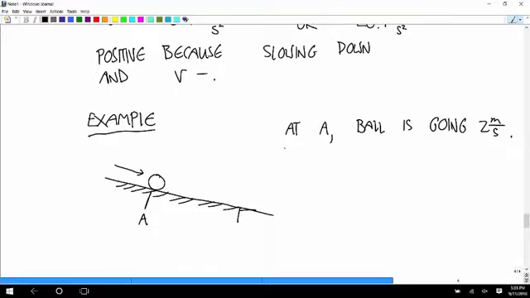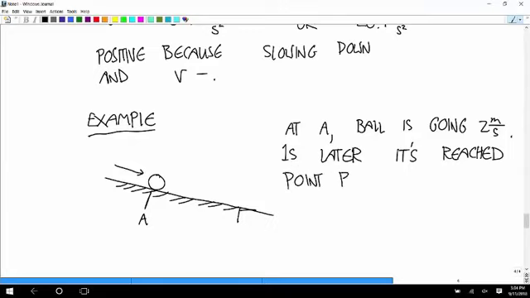And 1 second later, it's reached point B. How far away are those? Let's say 1 meter away.